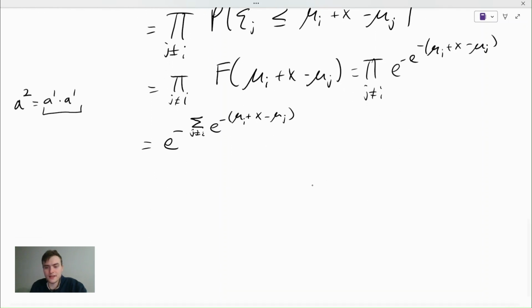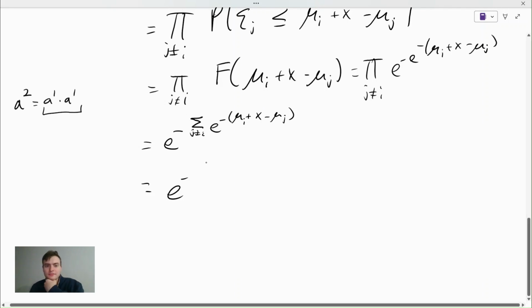And then we can do the same sort of thing. For simplicity, let's just take out the e to the negative x, because these are the only parts that are changing with the summation.